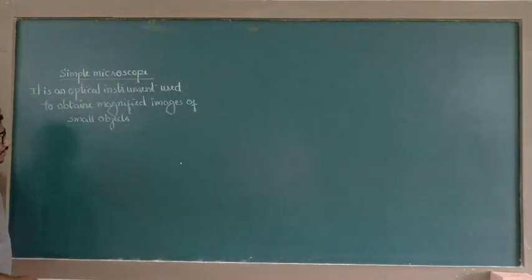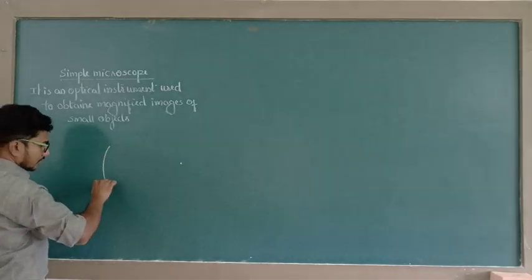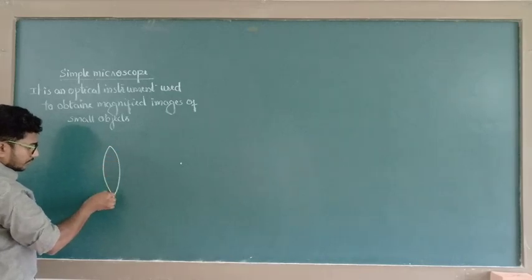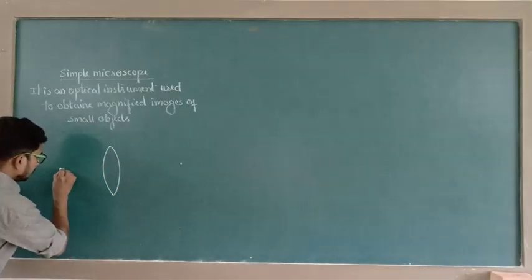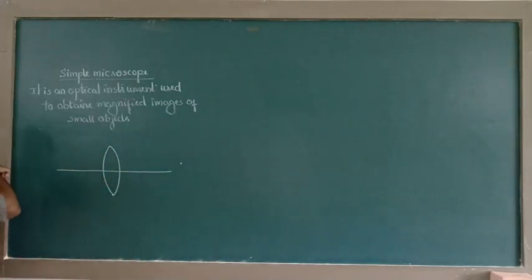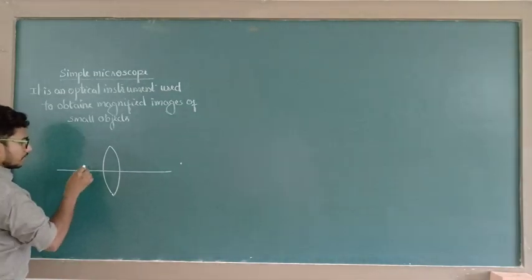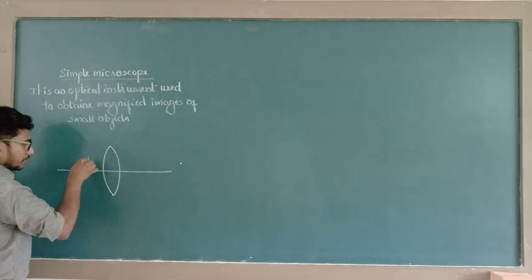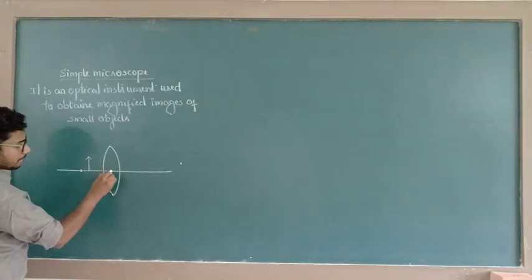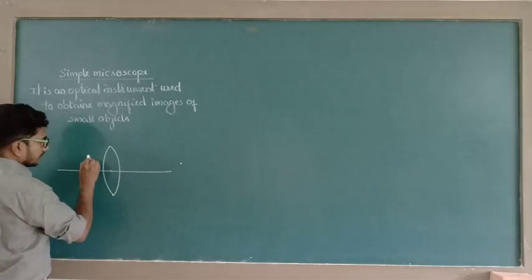So let us consider the experimental arrangement. Convex lens, principal axis. When the object lies between the principal focus and the optical center, we know there is a need of two incident light rays.